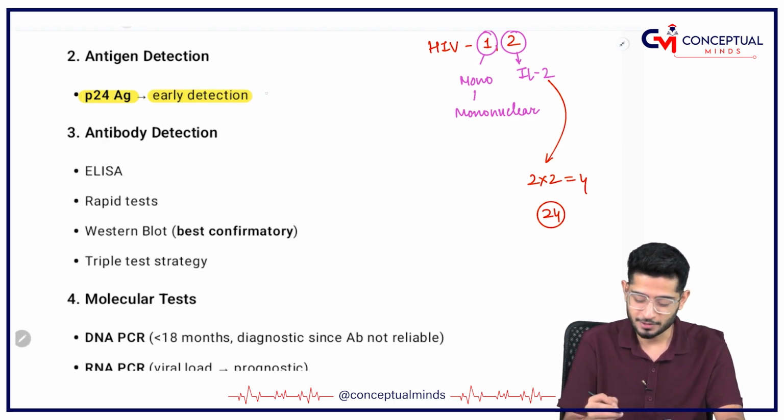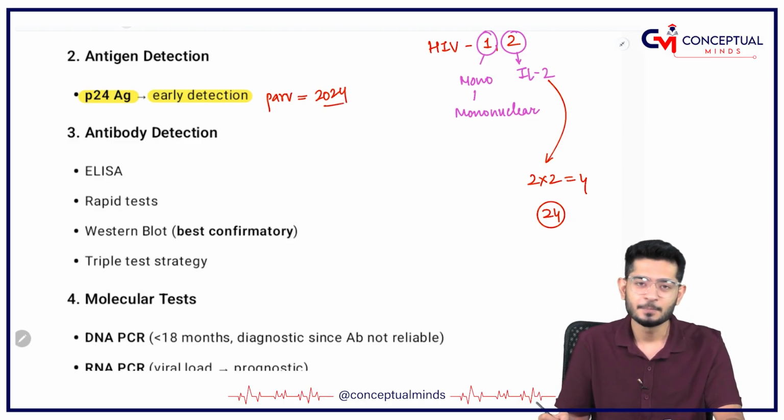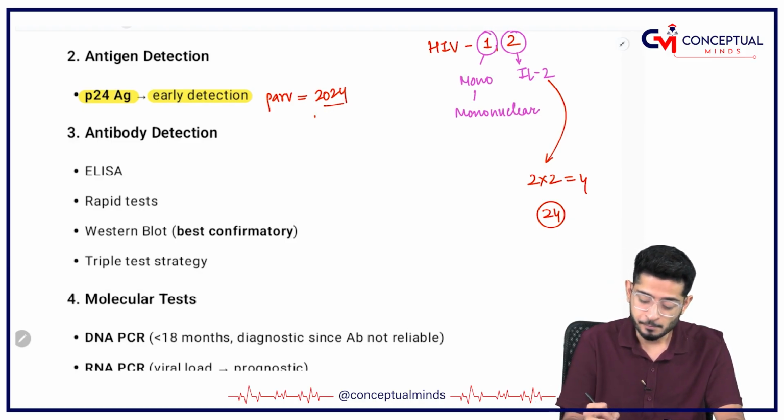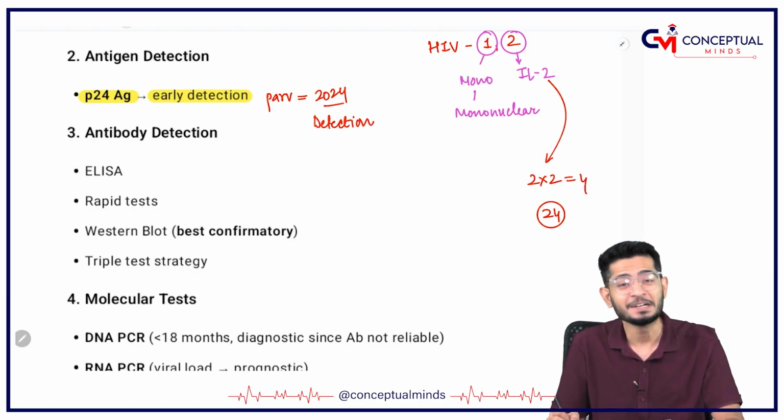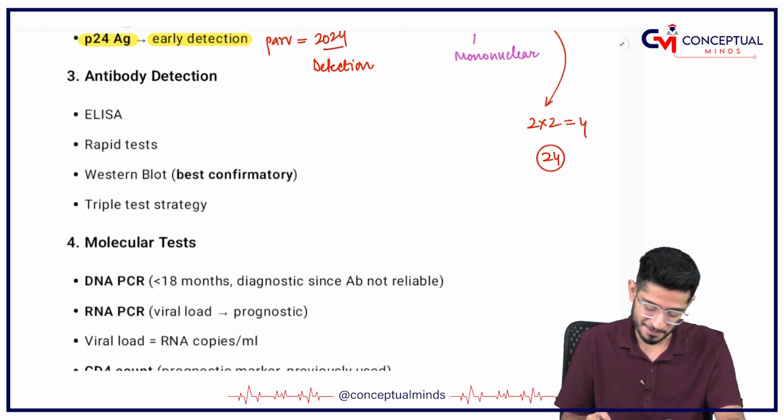Also one more thing you can remember that I completed my MBBS in 2024, okay. So you can remember like that. P24 is the one who is going to detect. So I am a detector, not a dictator, detector, okay. Like that you can remember.